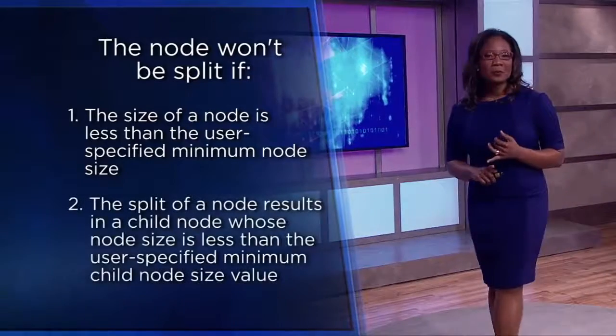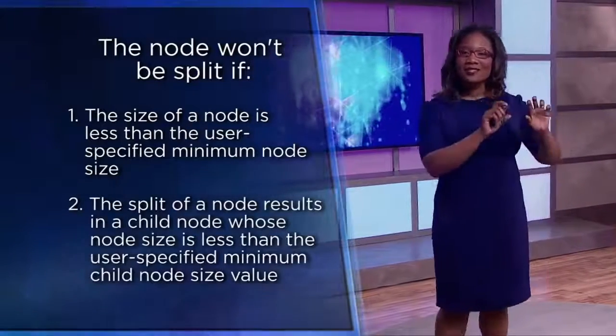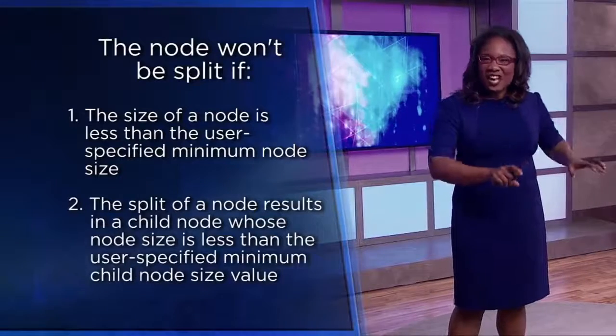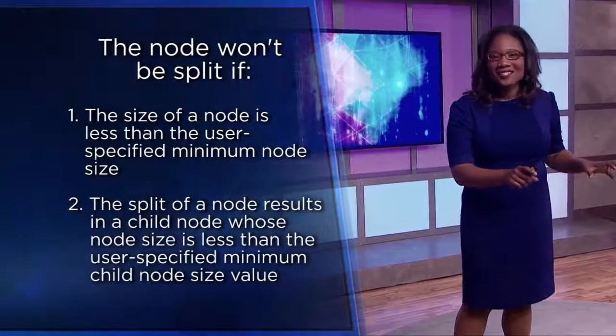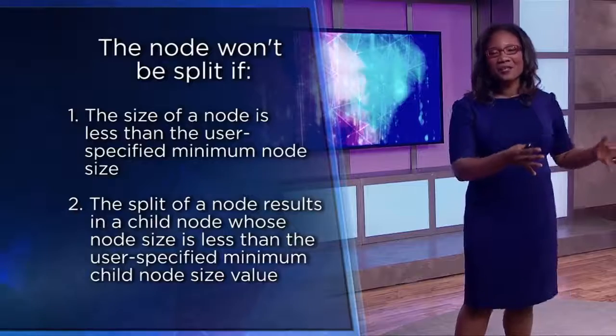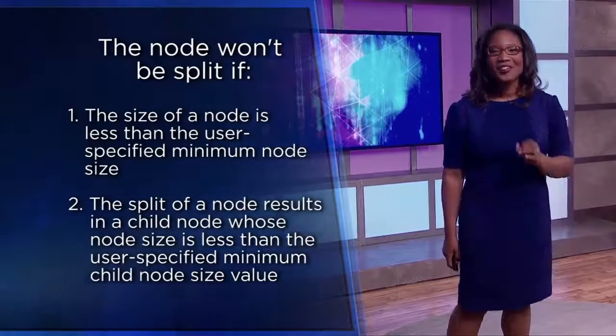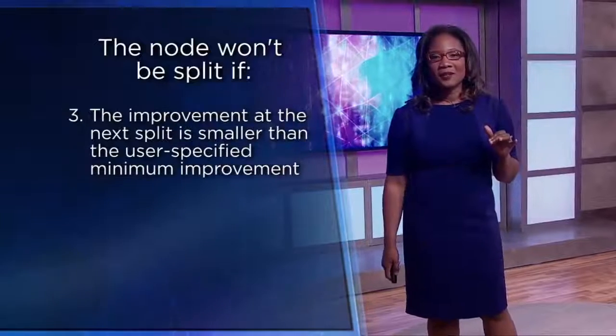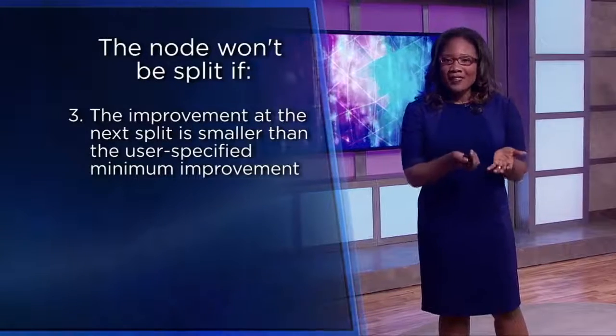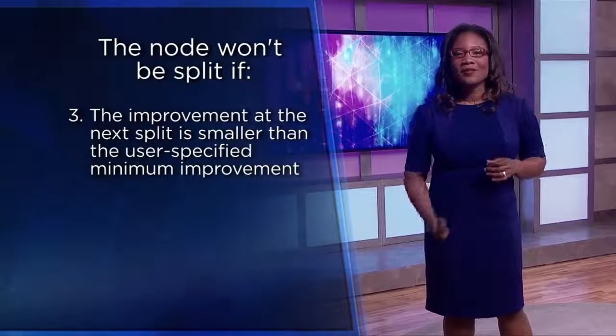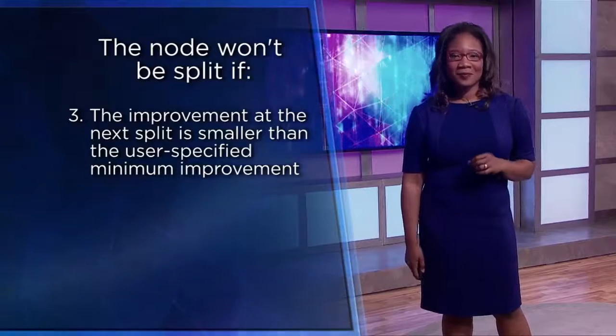Second, we won't split a node if the splits in the node result in a child node whose node size is less than that of a user-specified child node size value. Third, we're not going to split a node if the improvement in that next split is smaller than some minimum specified improvement level.